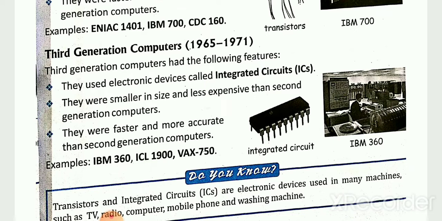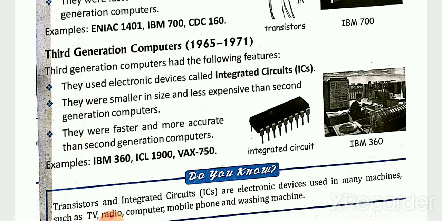Look at this picture. The first picture is an integrated circuit and the second one is IBM 360. It is very less expensive. The size of third generation is smaller, very much smaller. They were faster and more accurate than second generation computers.